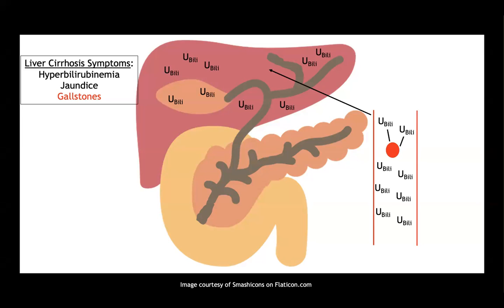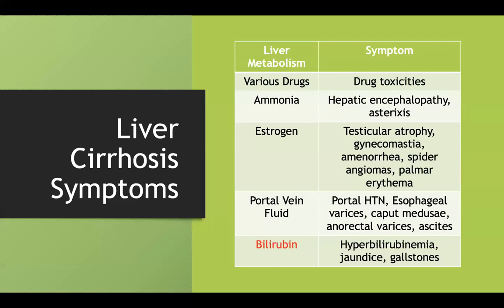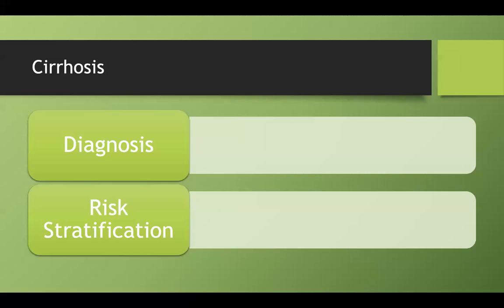My whole thing for how you get bilirubin gallstones is that you only get them when you have unconjugated bilirubin, which forms this stone-like mass. That's the mechanism by which people with liver cirrhosis are predisposed to gallstones, especially bilirubin gallstones.